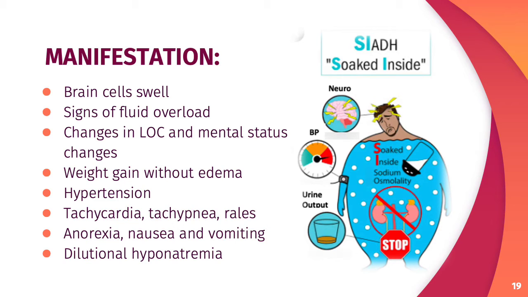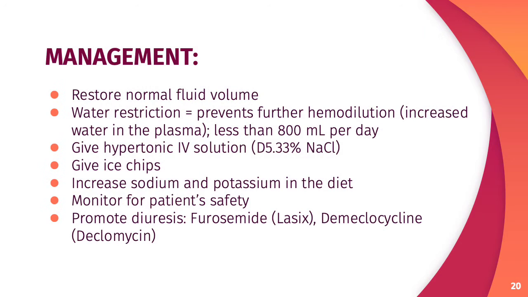Okay, so the management for SIADH would be geared towards restoring normal fluid volume. If we would like to attain that, there's a need for us to do water restriction.